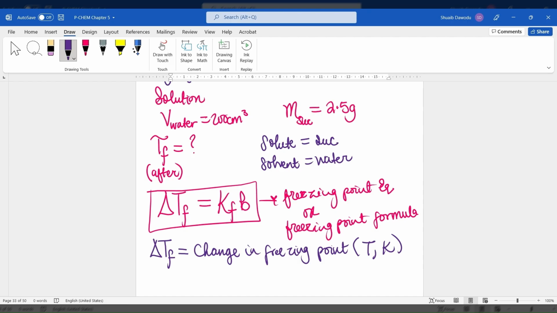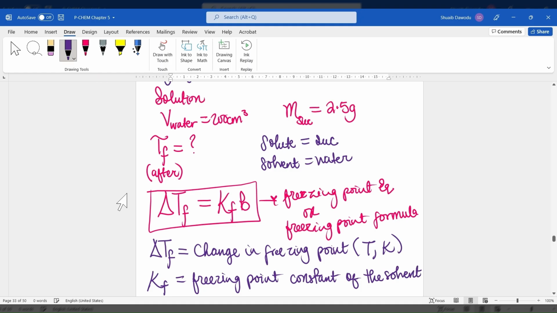The before is just the freezing point of the solvent. Then the after is the freezing point of the mixture or the solution. Then you have K sub F, which is simply the freezing point constant of the solvent.